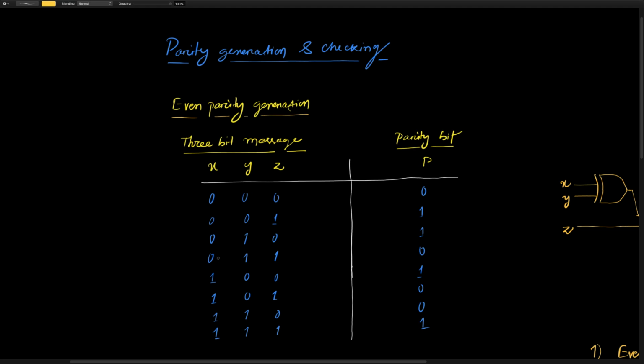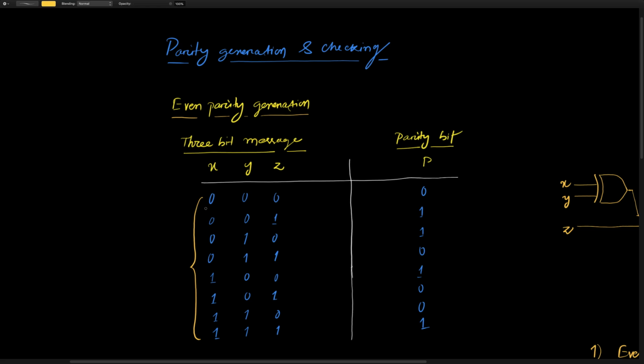So for that, let us say we have 3 bits of data x, y, z, and there are 8 possible combinations. For that we have to generate the parity bit. Now as we are following even parity, the whole message with the parity bit should be even.